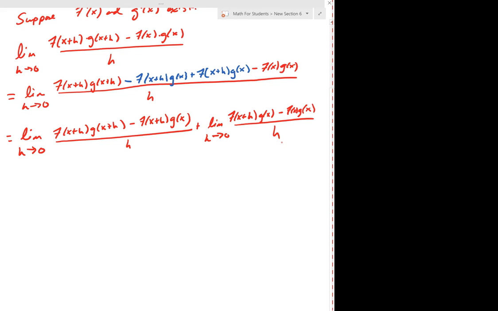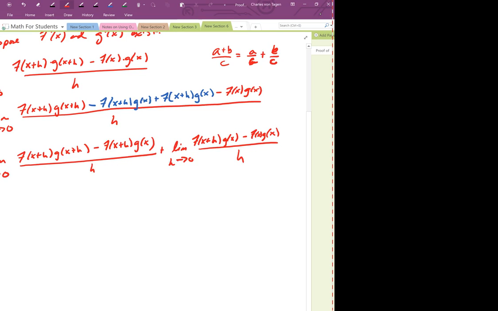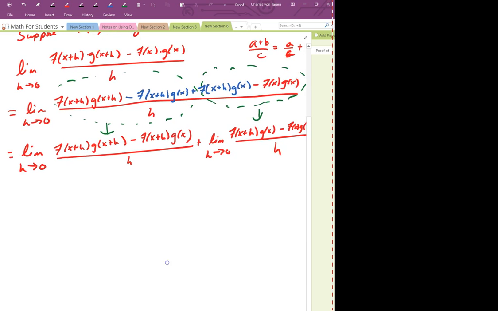So folks, essentially what I've done is if we had the fraction a plus b over c, I've broken it up to be a over c plus b over c. I took these two terms here, and there's that fraction, and then these two terms here over h, that made that fraction.